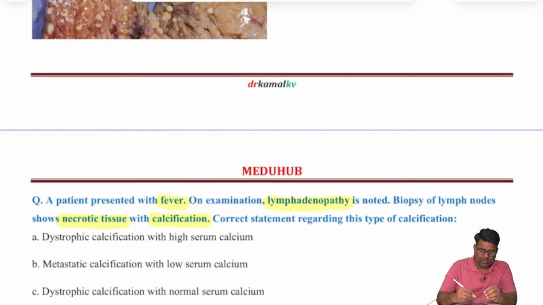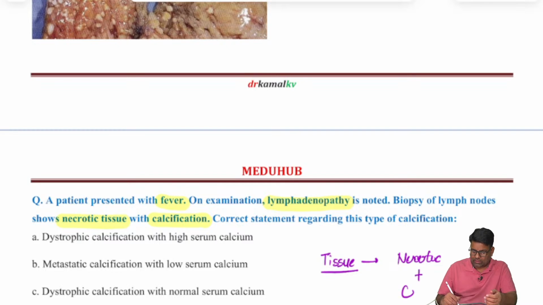So the status of the tissue is necrotic plus calcified. Since this is dead or degenerated tissue, the type of calcification we will see here is dystrophic.